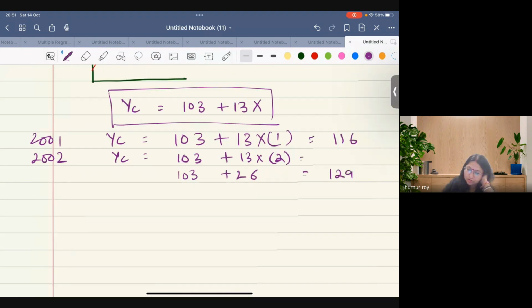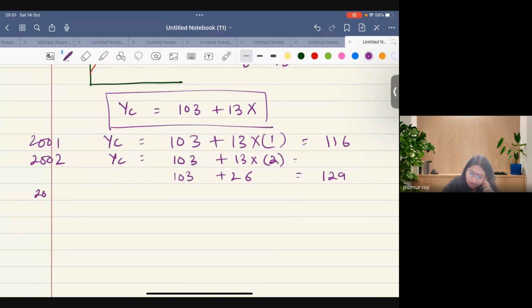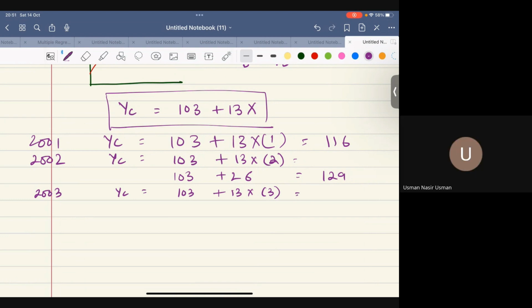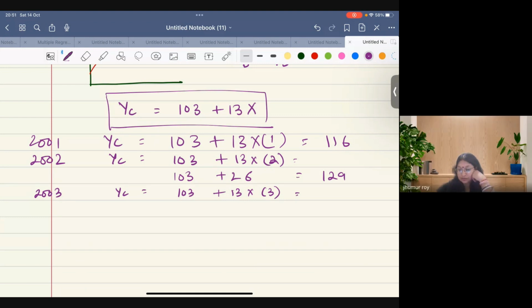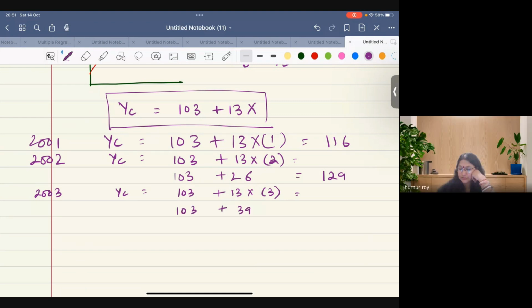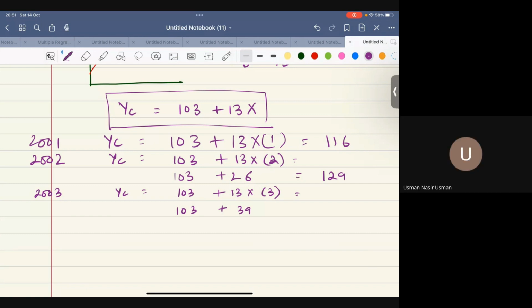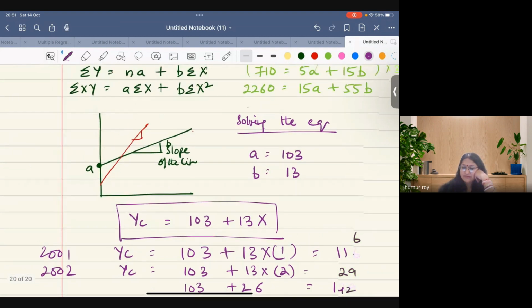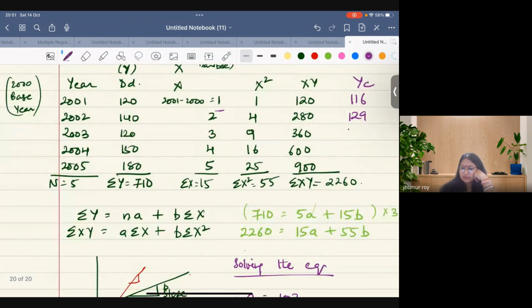You can calculate all your trend values. So it is 2003. That is YC is equal to 103 plus 13 into 3. What is the value? 39. So this will come out to be 142. So like this, we will calculate all the trend values.